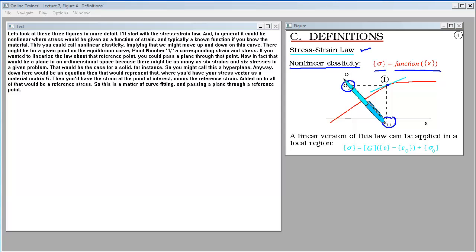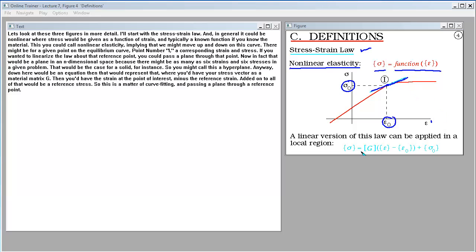If you wanted to linearize the law about that reference point, you could pass a plane through that point. Now, in fact, that would be a plane in an n-dimensional space, because there might be as many as 6 strains and 6 stresses in a given problem. That would be the case for a solid, for instance. So you might call this a hyperplane.